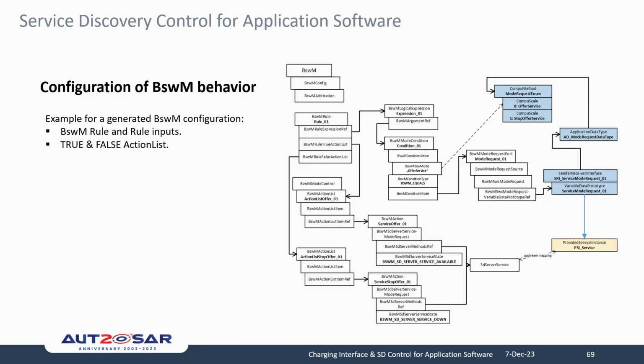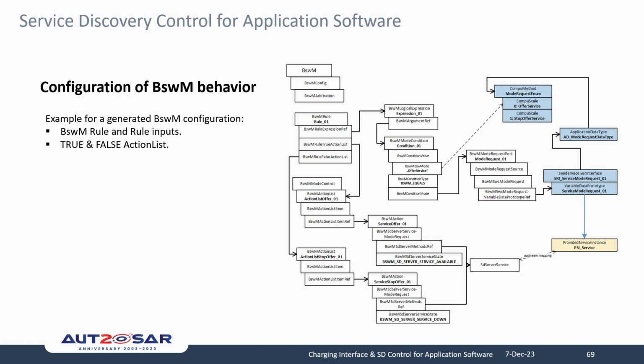Now, here is one example of how the BSWM will be configured, how the rule is configured. For example, in case of service offer, first we need to configure a rule with the rule inputs, which are the mode request ports coming from the application to send the offer or not. Then we will configure the action lists, the true action list and the false action list.